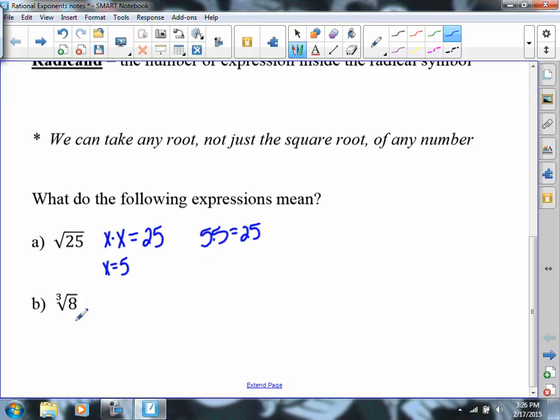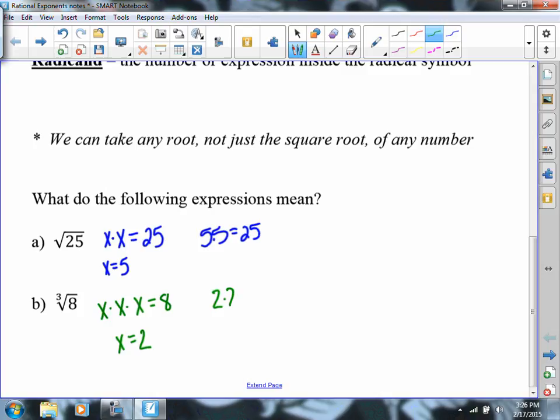Now what this expression means then, if you have the cubed root of 8, this means that you would have to take some number times itself 3 times to get 8. So you have to think what times what times what is 8. That number is going to be 2.